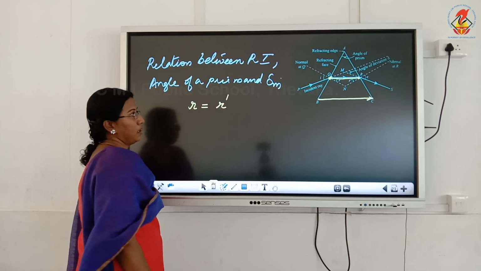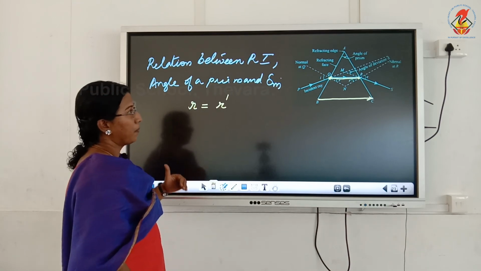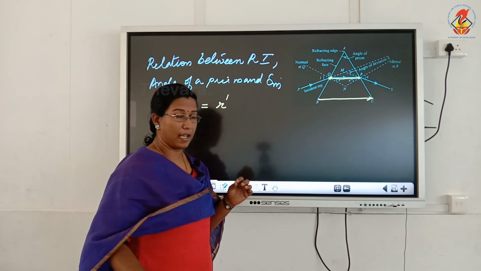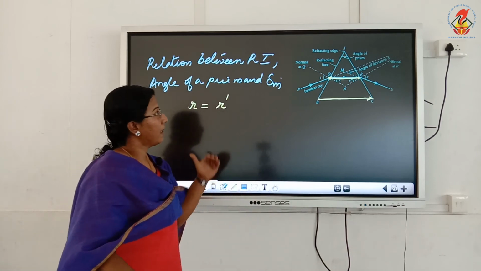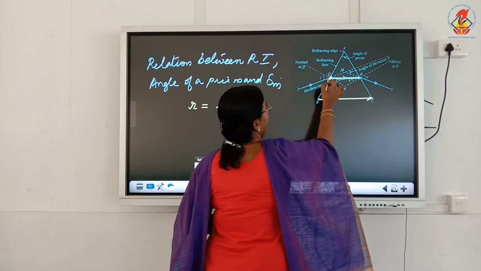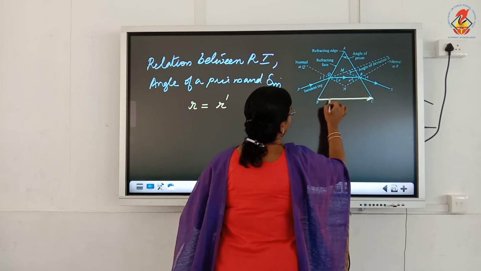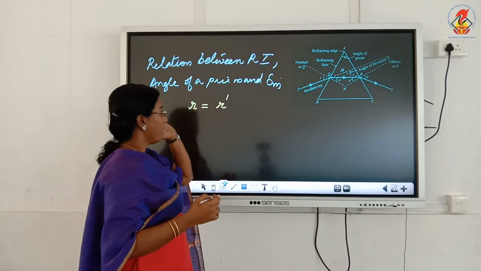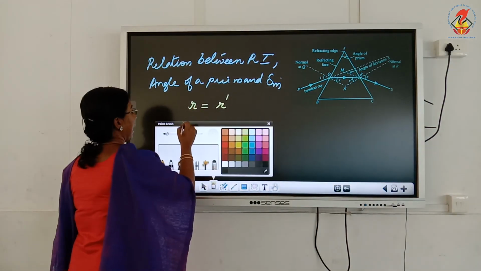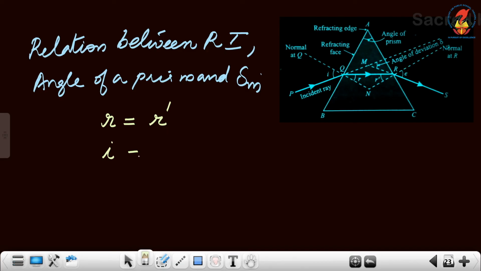Angle R will be equal to angle R dash at the point of minimum deviation. The refracted ray QR will be parallel to the base of the prism, and hence R will be equal to R dash, and also angle of incidence will be equal to angle of emergence.